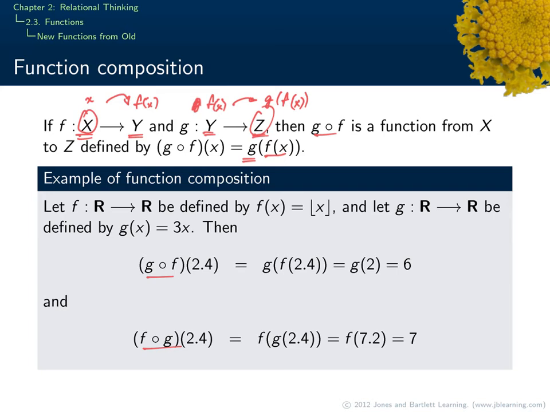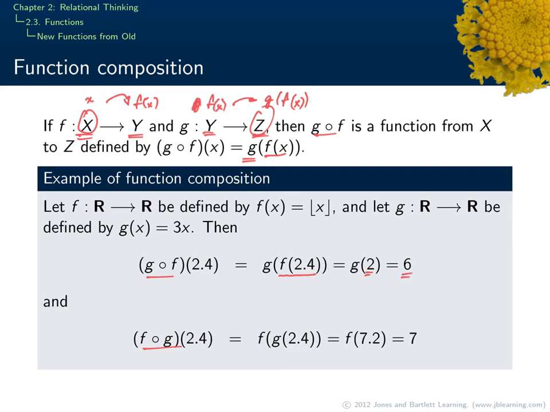So if we take g circle f, that would be g of f of 2.4. Now f takes the floor of 2.4, so that's going to be the largest integer less than or equal to 2.4. So that would be 2. Then we take g of 2, which essentially tells us to multiply by 3, and we get 6.